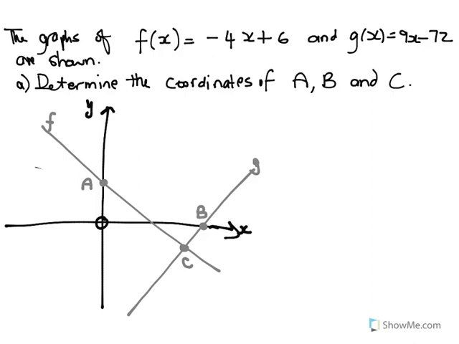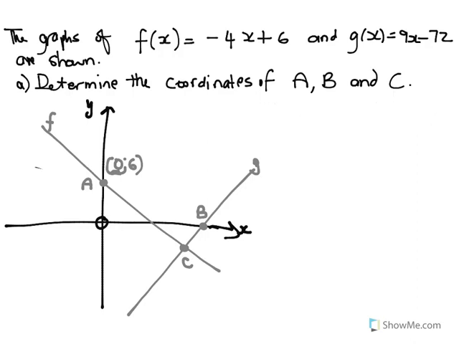And you could either just read that straight away from the equation. So you could say that A will have the coordinates 0 and 6. Or you could say, well, since it's on the y-axis, I know that its x-coordinate is 0. And so the question we're asking ourselves is, when my input to the function f is 0, what is the output? So that would be minus 4 times 0 plus 6, and you'll see that that gives you 6 either way.